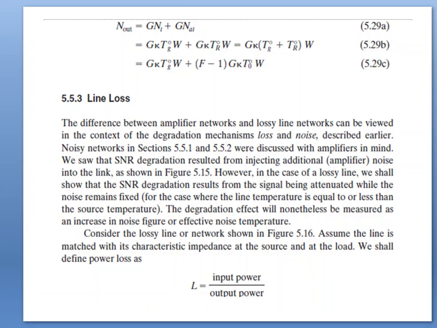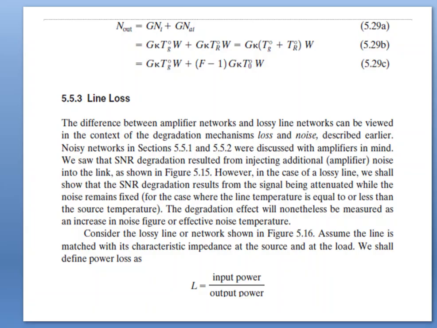Since the network output appears as a pure resistance at the temperature Ts, the total power flowing from the load back into the network must also equal N out to ensure thermal equilibrium. Recall that available noise power depends on temperature, bandwidth and impedance matching. It does not depend on resistive value.